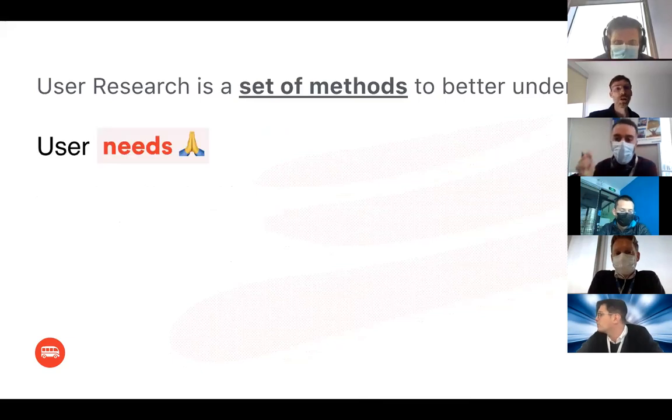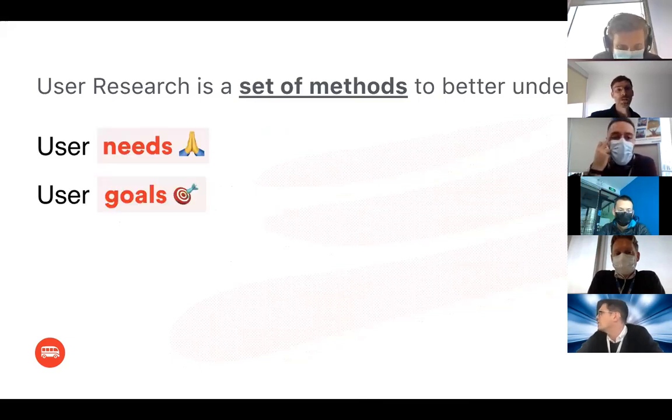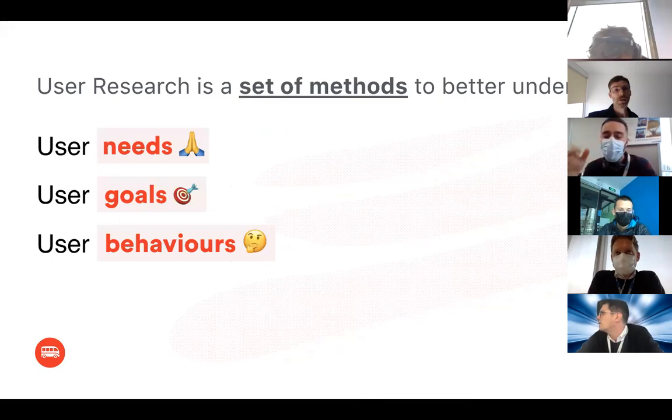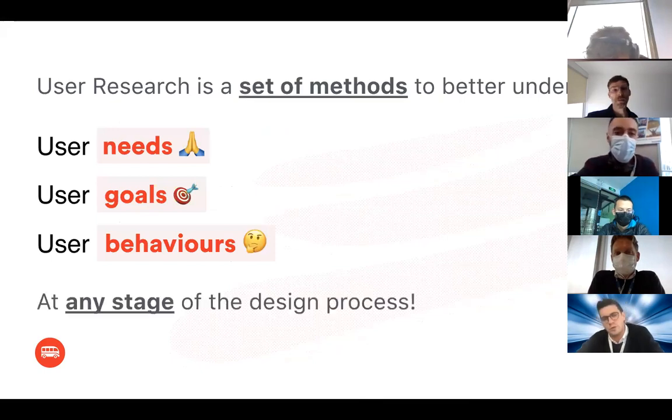Right, so user research is a set of methods to better understand your user, what your user needs, the user goals, the user behaviors. And you better run these methods at any stage of the design process.